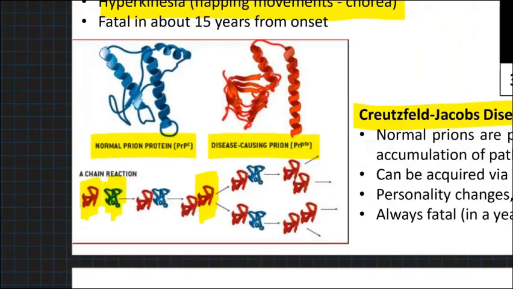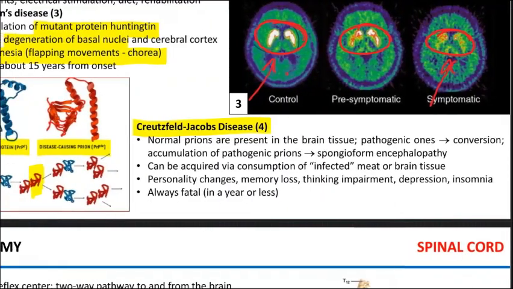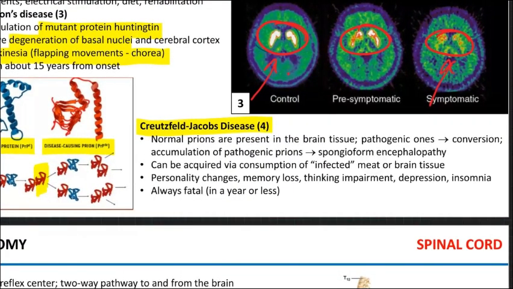So symptoms: progressive neurological deterioration. There is absolutely no cure or treatment. Treatment is entirely palliative, just to take away the suffering. Up until 2018, I believe, or 2019, there was no test. So diagnosis was post-mortem.